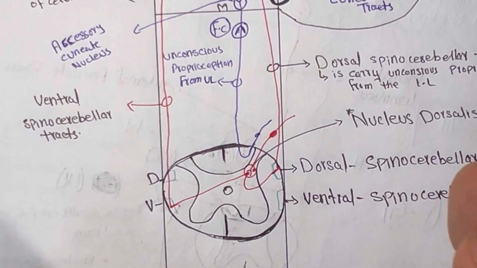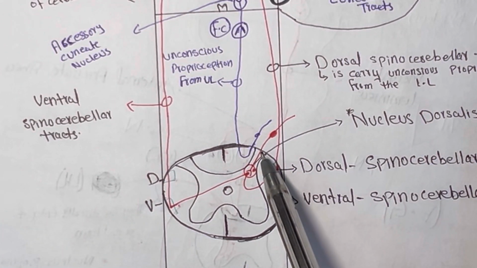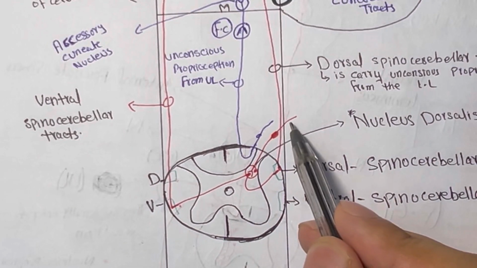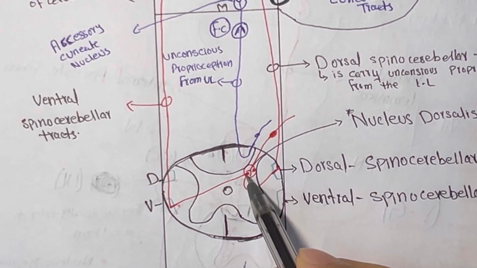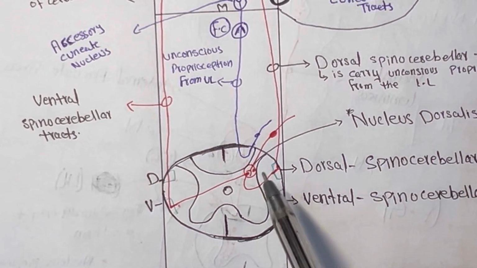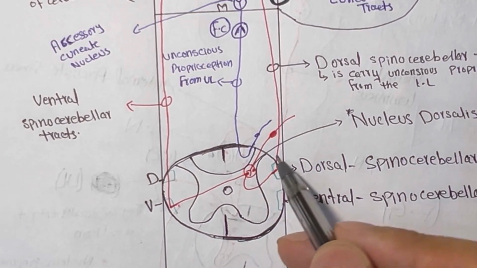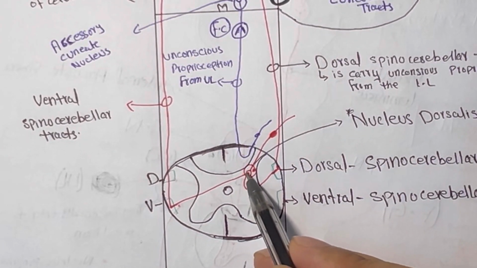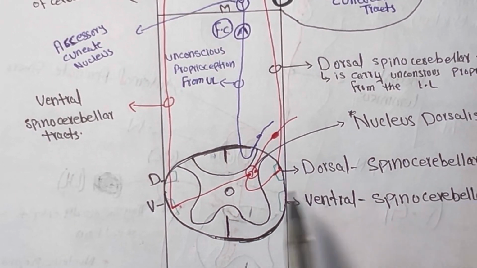Spinocerebellar tracts are sensory nerves, so they enter the dorsal horn of gray matter, like this dorsal root ganglion, and they enter this nucleus, called nucleus dorsalis because it is very near the dorsal horn, or Clark's column.